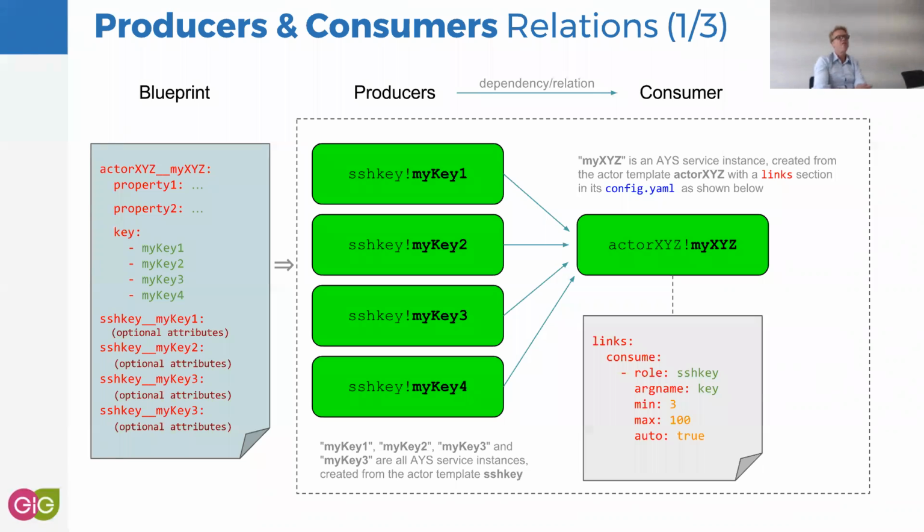It's the idea of having an SSH key, and the green box is an AYS service, with the name my key, and my key 2, my key 3, my key 4. It's almost like Mickey Mouse, but it's my key 1 and my key 2.